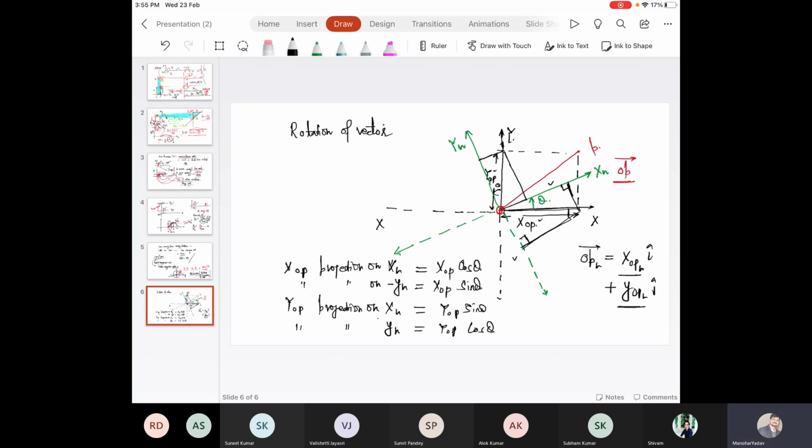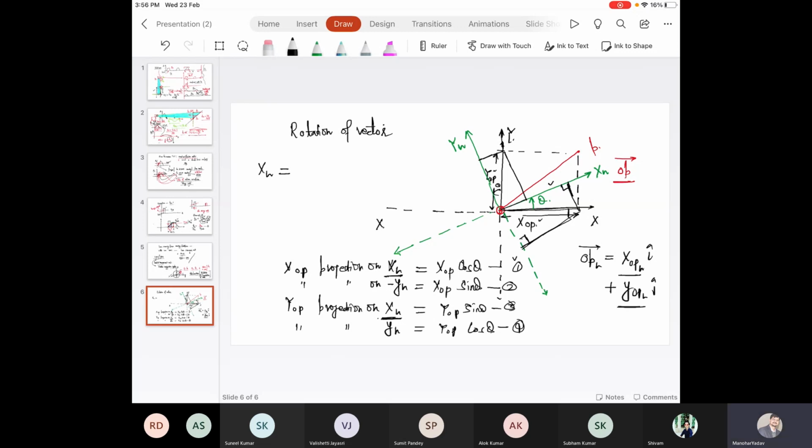Okay, now you need to see that along xn, what is the total? You need to add the components along xn. So after projection, let's say these are equations 1, 2, 3 and 4. Okay.